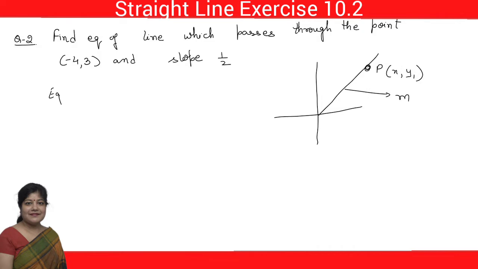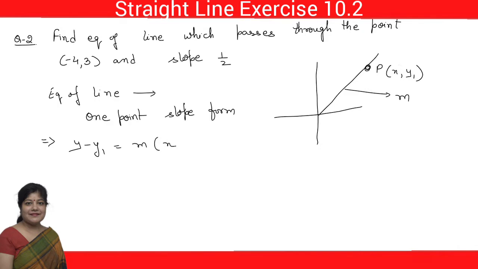Then the equation of the line, also known as the one point slope form, is y minus y1 is equal to m into x minus x1.